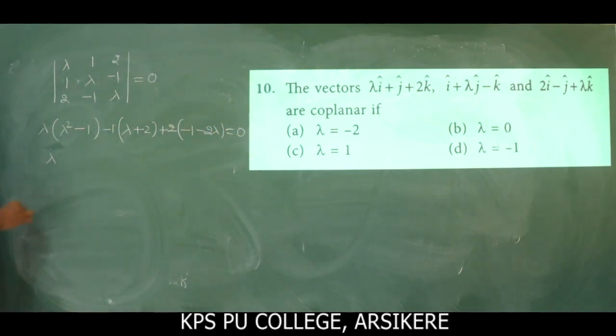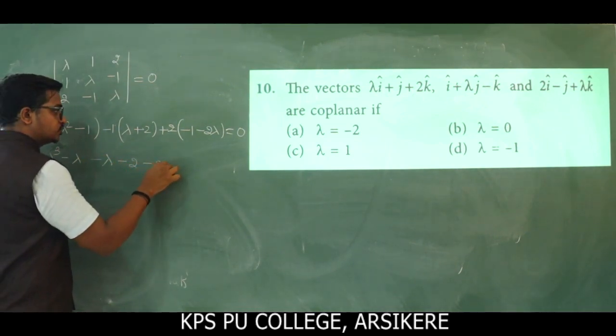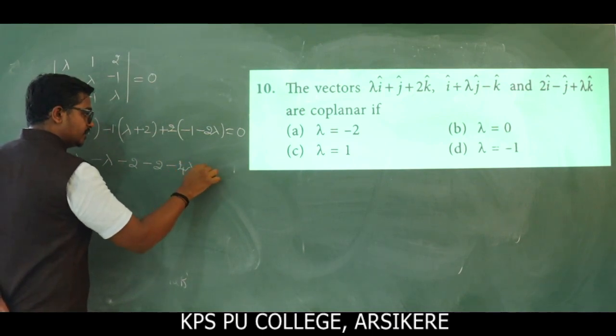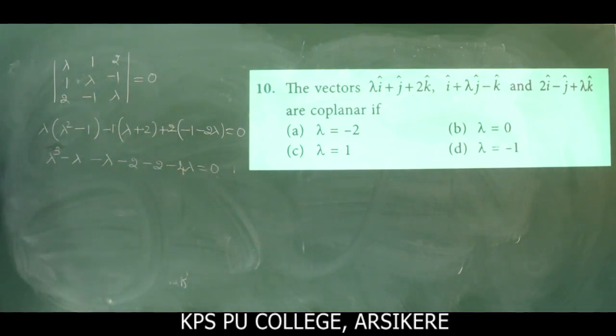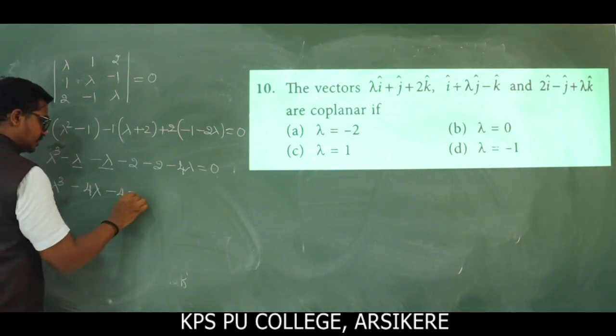Multiplying with lambda here: lambda cube minus lambda minus 2 minus 2 minus 4 lambda is equal to 0. Minus lambda minus 4 lambda, so lambda cube minus 5 lambda minus 4 is equal to 0.